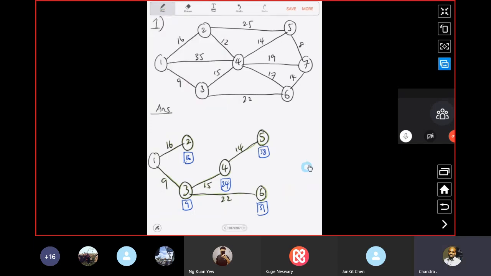The last one would be 7. This 7 is connected to the connected nodes like this. 8, 19, 14.